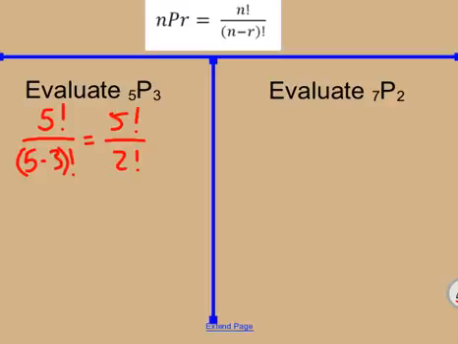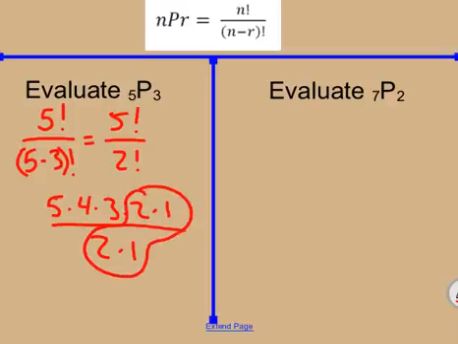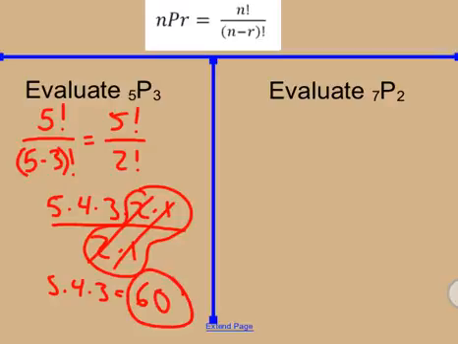So 5 factorial divided by 2 factorial. That's 5 times 4 times 3 times 2 times 1 over 2 times 1. You should know these 2 times 1 go to 1. So what we really have left is just 5 times 4 times 3, which is a grand total of 60. So that's what I would have had for that one.